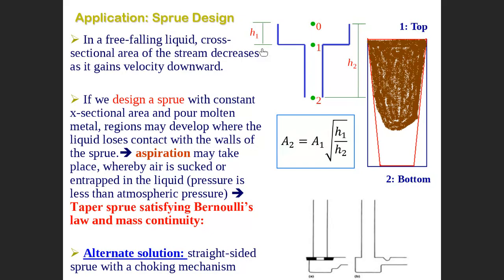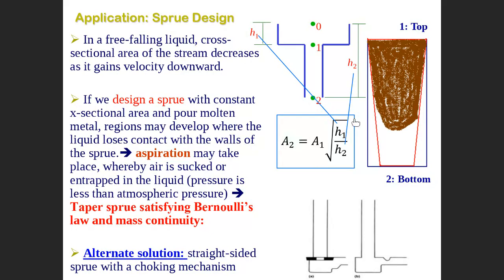If you multiply by H1, this is the H1 here, and this is the H2, so you can see that this ratio is less than 1. That means A2 must be smaller than A1, with this ratio.